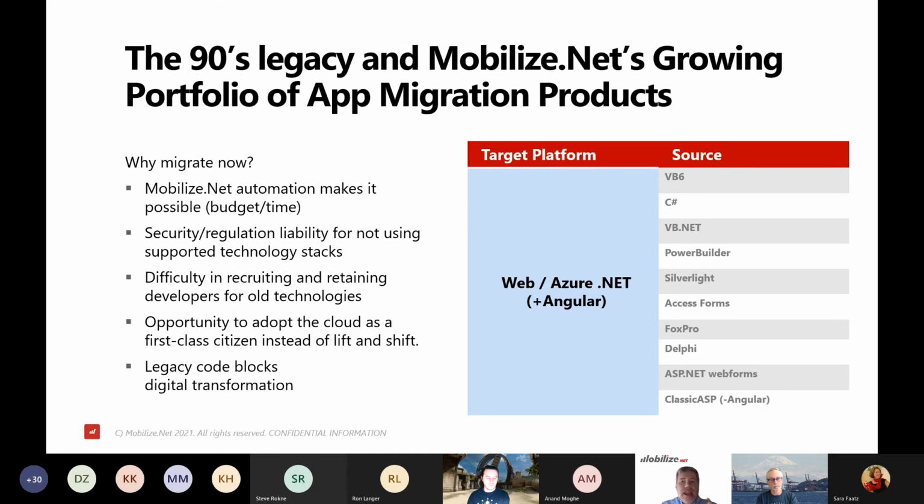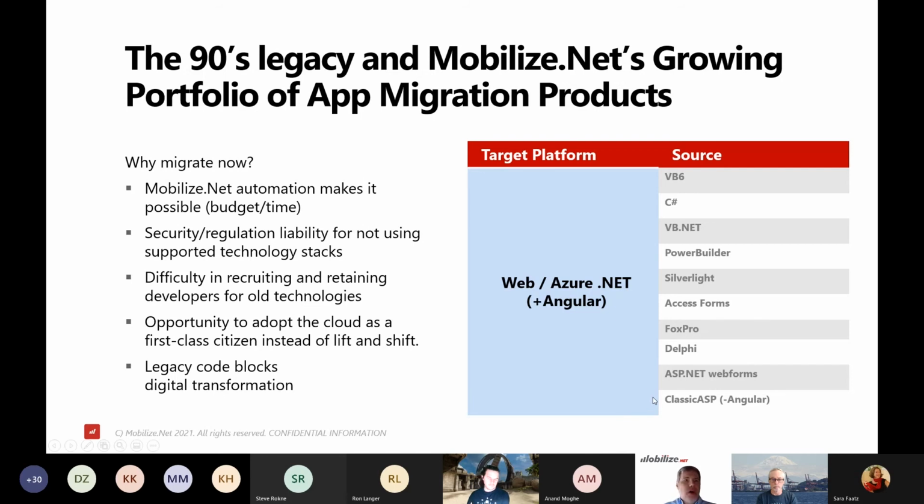Or, if you have an application written on one of these old technologies on a desktop architecture, you can use Mobilize.net technology to take them to the cloud and have them become what I like to call first-class citizens in the cloud. You have an application that is fully architected for the Azure cloud environment, with all of the same functionality as before, and ready for you to continue to develop on top of it.